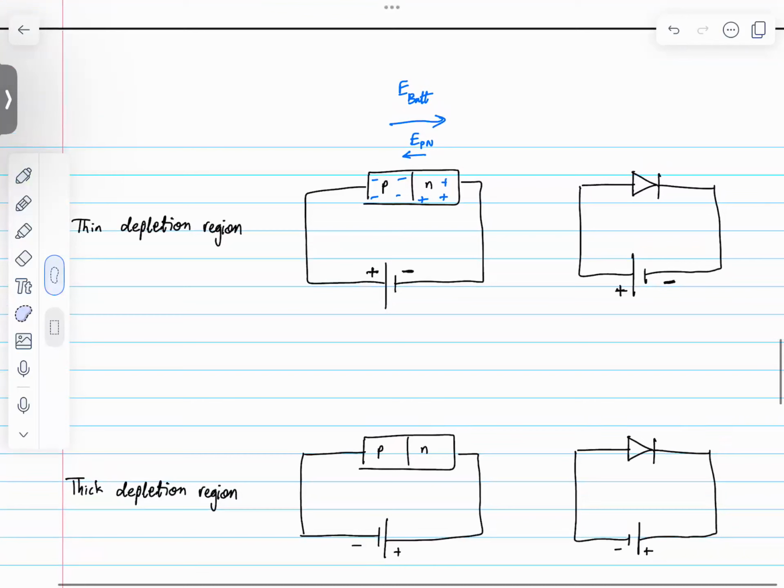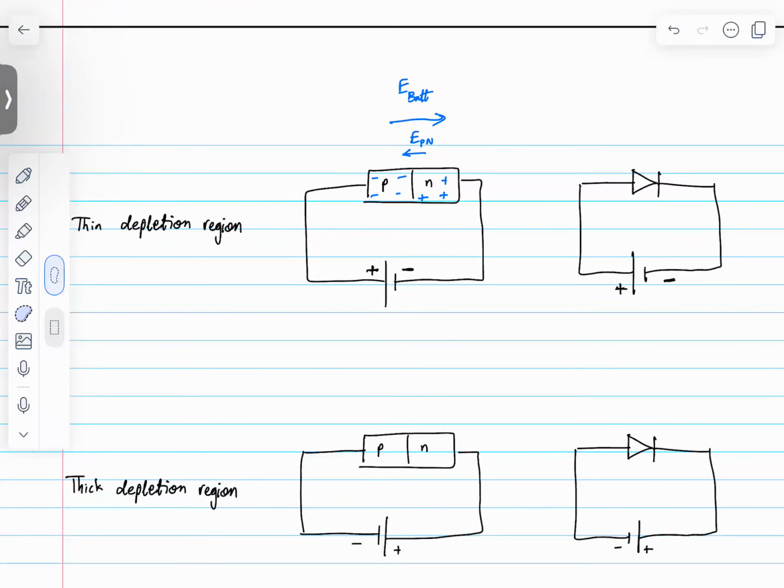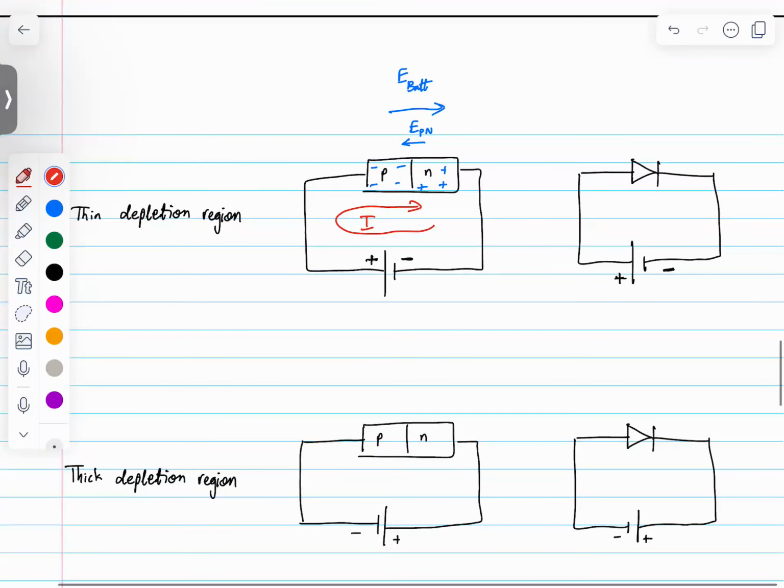And so if the electric field of the battery is large enough, it will essentially counteract or overcome the electric field of the PN junction, in which case current starts flowing through the diode or the PN junction. And this is very typically called a forward biased diode, because current is flowing.